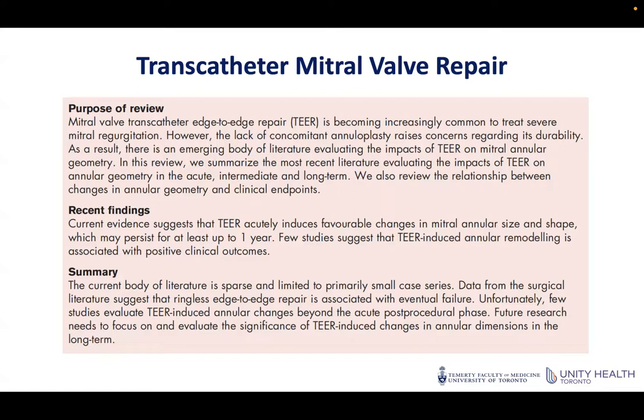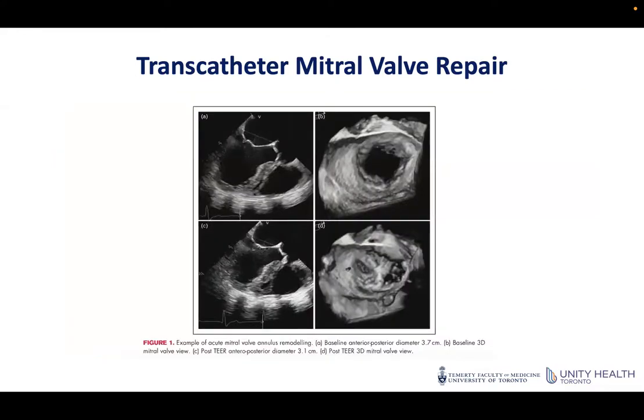We are lacking long-term assessment, so we don't know how this is going to be maintained over time. Therefore, it would be very important for future studies to further assess that. This is an example, as you can see here, one of our figures in the paper, showing how the anteroposterior diameter changed from the pre-op to the post-procedural.